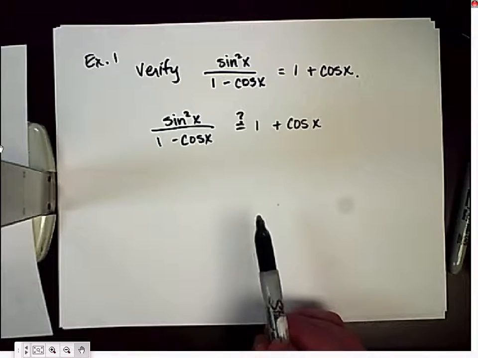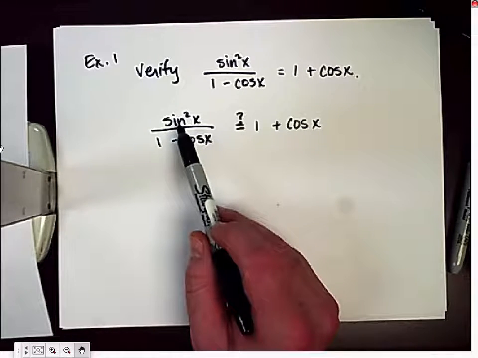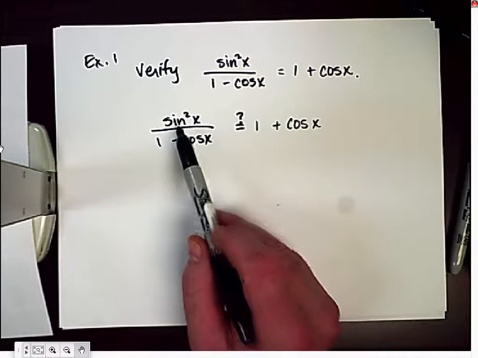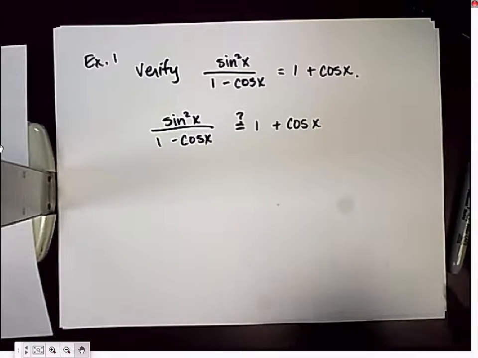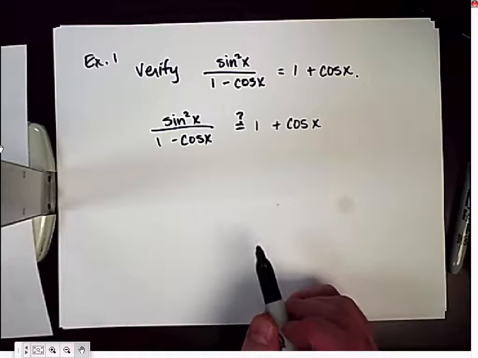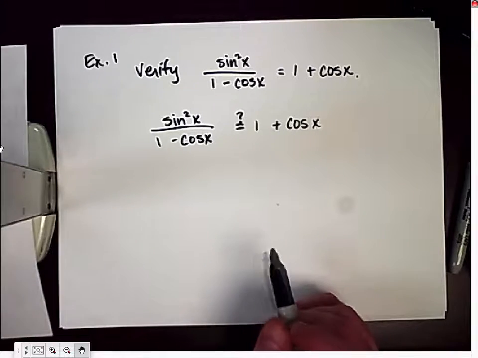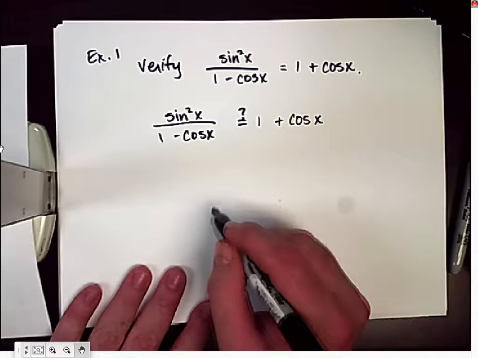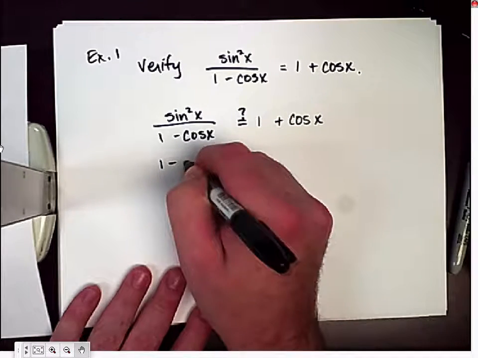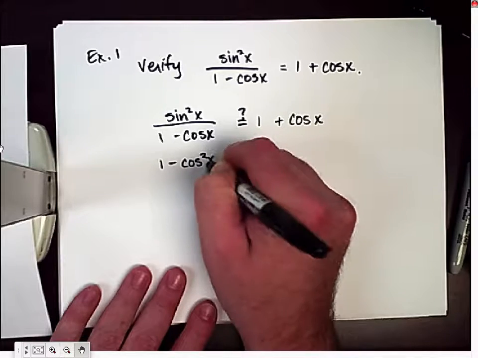So what is a formula with sine and cosine that we could substitute? Sine squared plus cosine squared equals 1. So what does sine squared equal? If you took that identity and solved it for sine squared. Right, so in place of sine squared, we can write 1 minus cosine squared x.